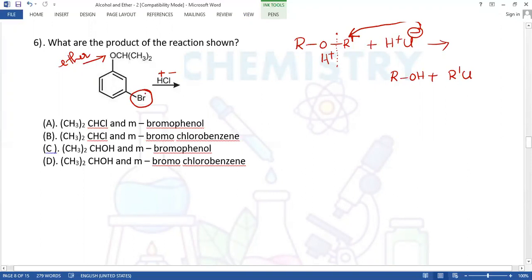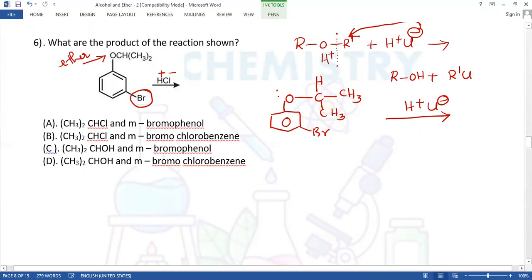Now let me take the example. So we have got a benzene ring attached to Br. Then oxygen. Then there is a CH, and there is a CH3 and a CH3, correct. So let us treat this with HCl, H plus and Cl minus.